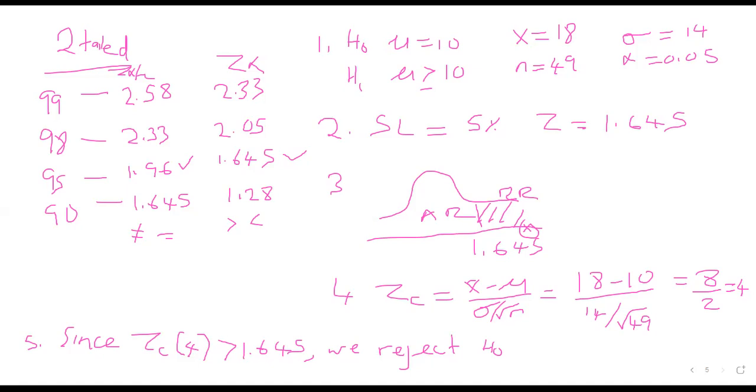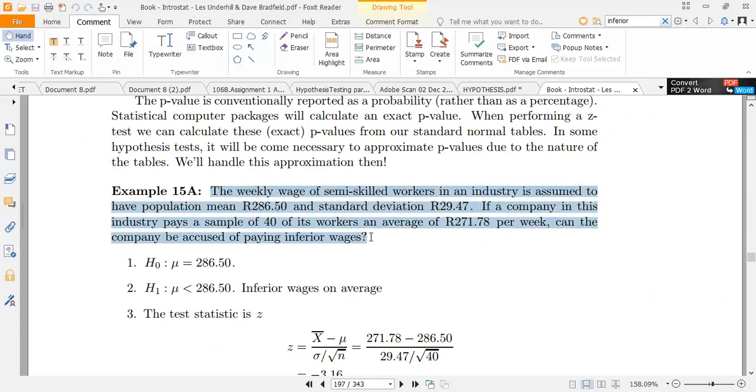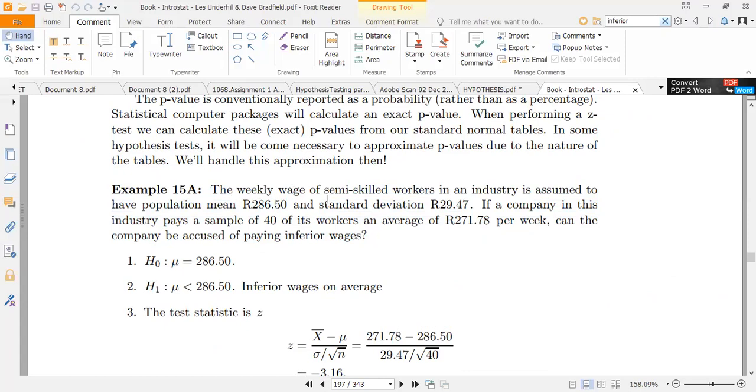All right. So the question is, how do I know that it's a single-tailed or a double-tailed test? Let's look at this question here. The weekly wage of semi-skilled workers in an industry is assumed to have a population mean of 286.5 and standard deviation 29.